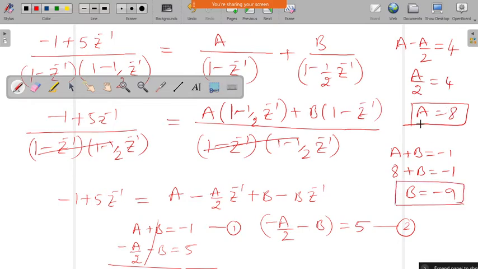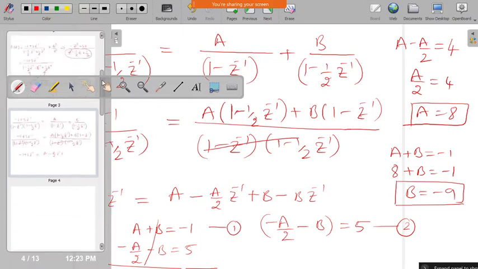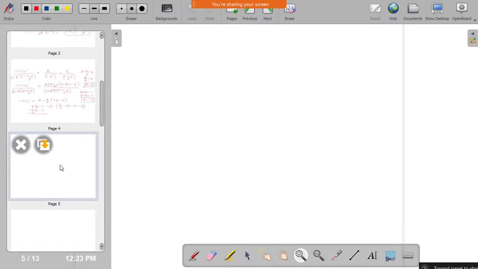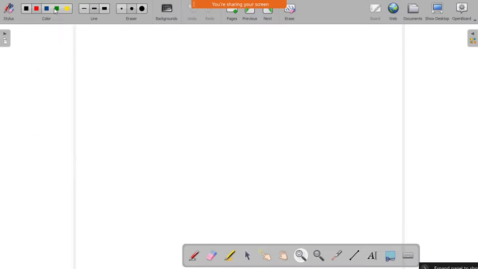Now if I substitute these A and B coefficients here, this corresponding term I can write as separate terms with the coefficients A and B, so that we can get the inverse transform. So now we have (-1 + 5z^-1) divided by (1 - z^-1)(1 - (1/2)z^-1).